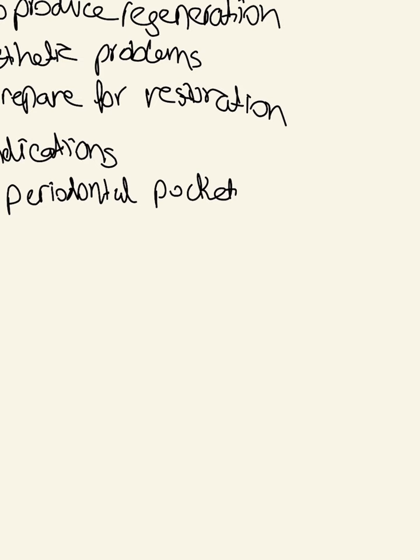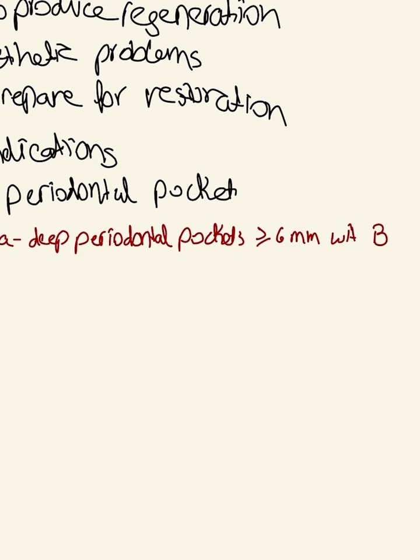There are three main cases where you need to do periodontal surgery rather than subgingival instrumentation. First, deep periodontal pockets more than 6 millimeters with bleeding on probing.